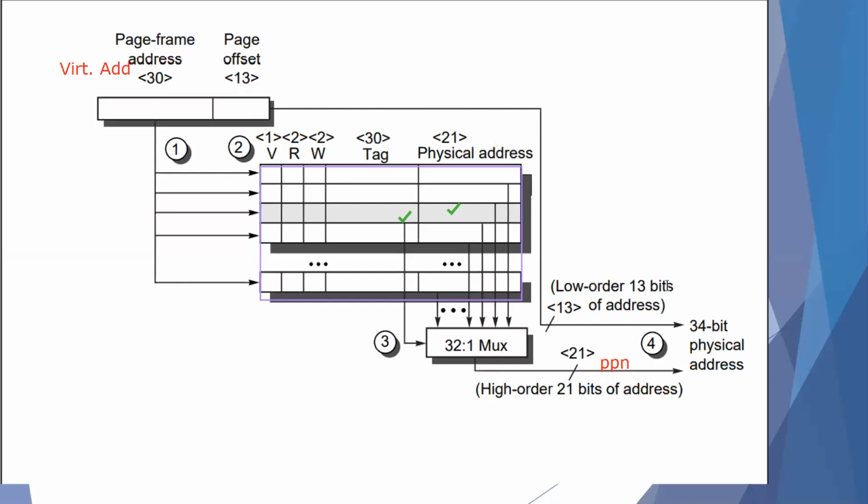The final address which is formed now contains this PPN concatenated with the offset bits as it is. So 13 bits of offset brought from here to here, and 21 bits of your physical page number, so the total makes your physical address 34 bits.